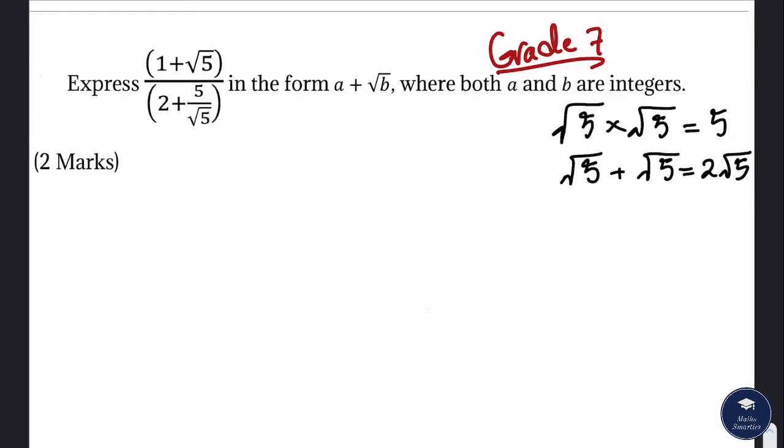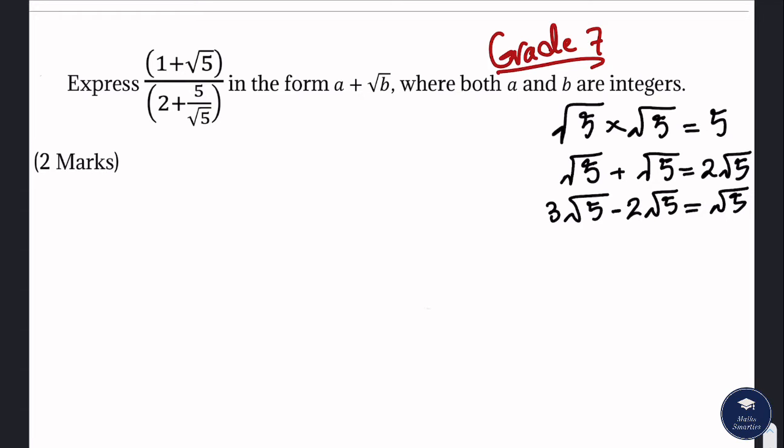Now, if I have 3 square root 5 minus 2 square root 5, I'm going to end up with square root 5, 1 square root 5. I don't have to write the 1. We don't write the 1, okay? Now, we recapped the surd rules. So let's begin and solve this exam question, okay?